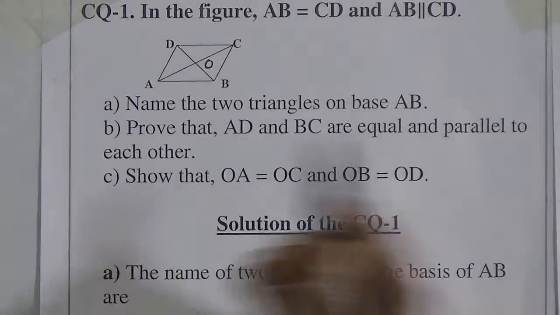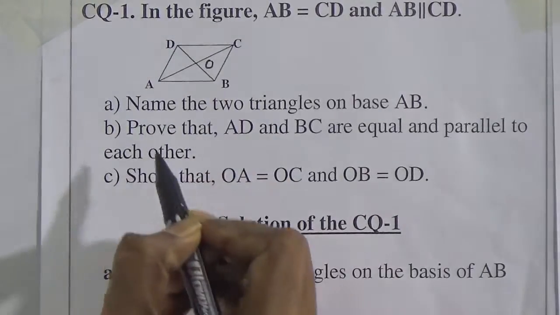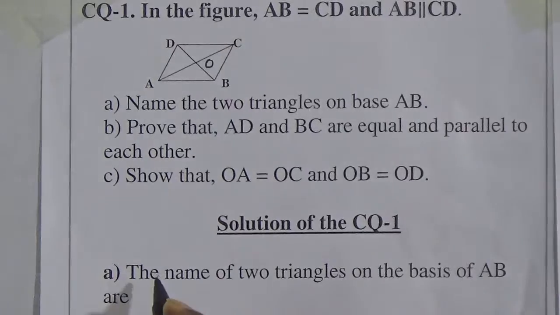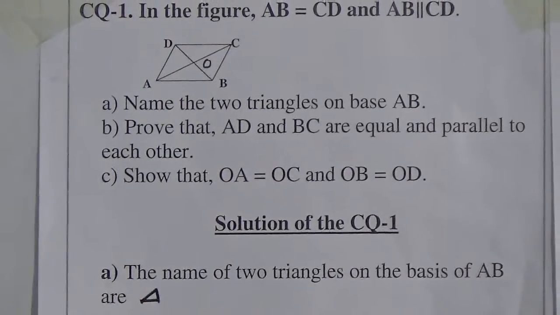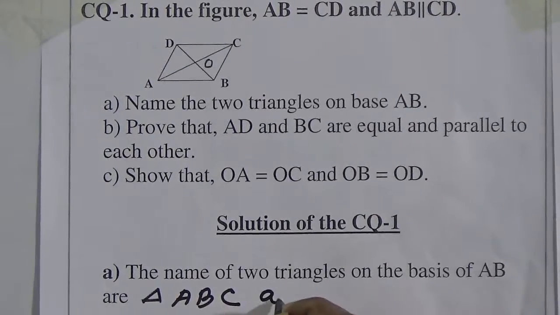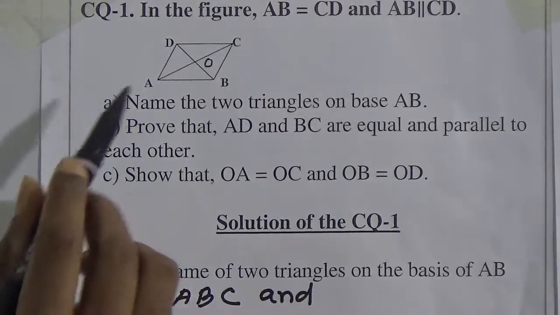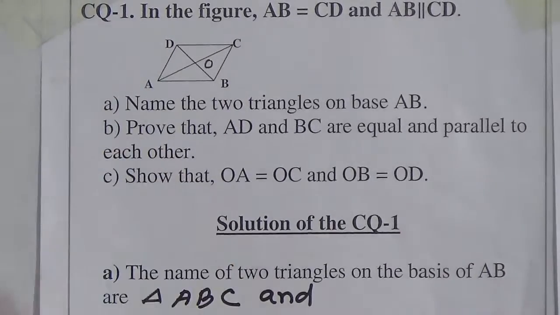Look, if I choose the triangle ABC, then their base is AB. Okay? That means we say the ABC triangle and another triangle. If I choose this triangle ABD, then their base is also AB.